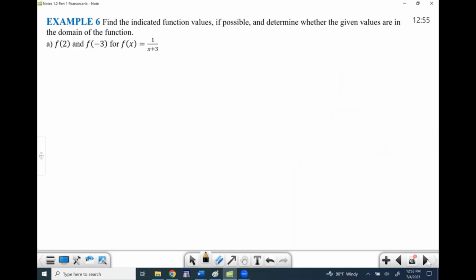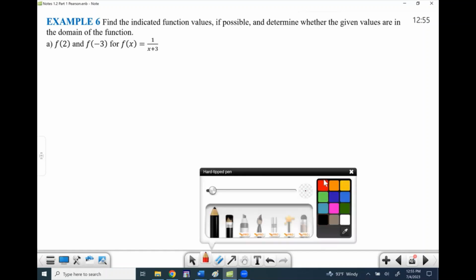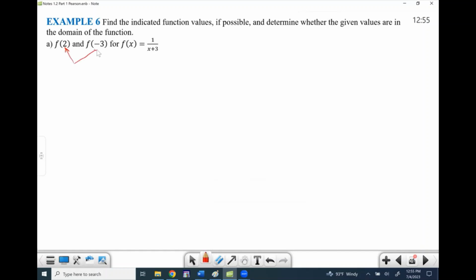Find the indicated function values if possible, and determine whether the given values are in the domain of the function. Okay. All right. So again, these are the x values, so these need to get substituted in for x.